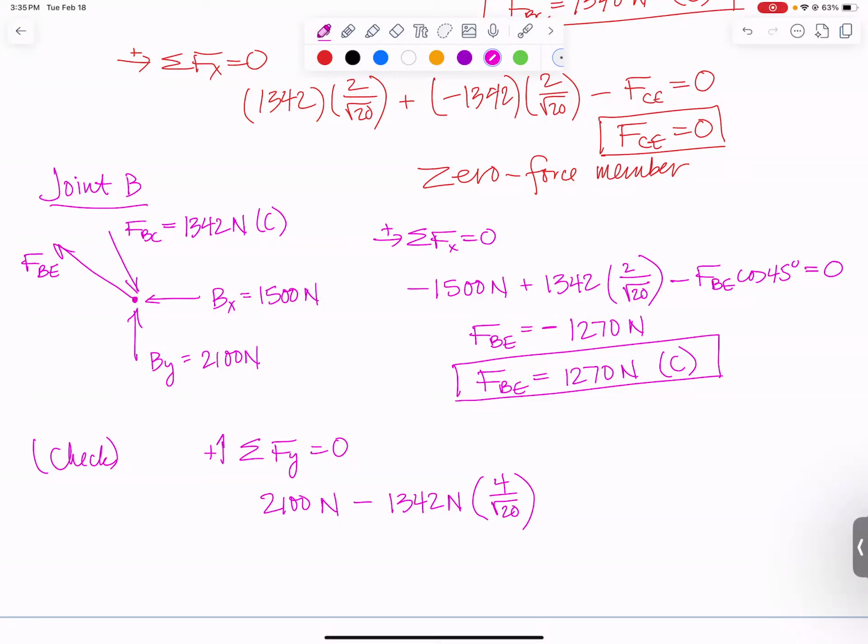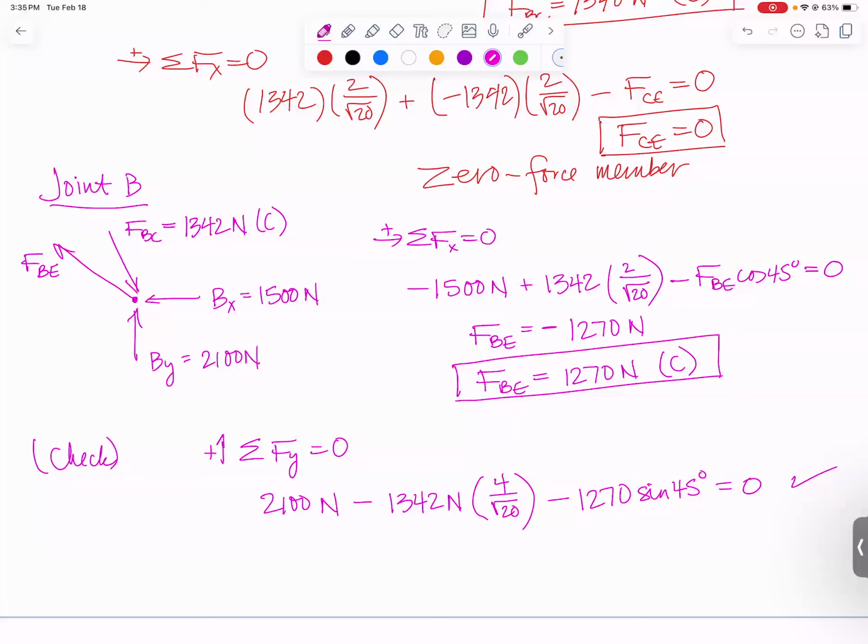And then FBE, I drew it as acting up and to the left, but it's actually going to act down and to the right. So either way you do it, it's going to be pushing downward, minus 1270 sine of 45 degrees. And if I toss all of that into my calculator, I get 0. Little rounding error, but basically 0.